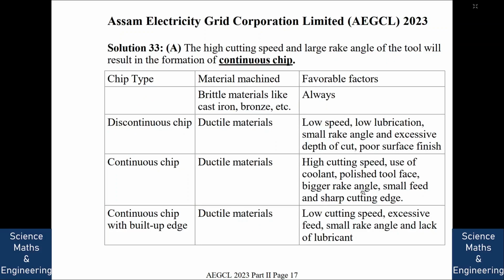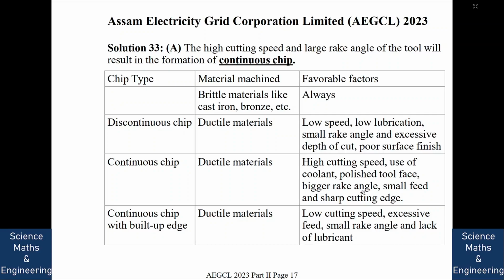continuous chip. Okay, so here I have given the favorable factors for discontinuous chip, continuous chip, and continuous chip with built up edge. If it is a brittle material, then it will always give discontinuous chip. If it is a ductile material, but if we have low speed, low lubrication, small rake angle, and excessive depth of cut or poor surface finish, then it will give discontinuous chip. It will give continuous chip if we have high cutting speed, we are using coolant, we are using polished tool surface, we are having bigger rake angle and smaller feed and sharp cutting edge.